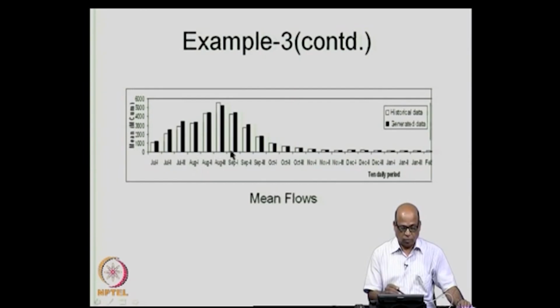Similarly, August 1, August 2, August 3 are the 3 10-day time periods in the month of August and so on. Like this we compare. This figure extends, but because of lack of space I have shown it here up to the February 1st 10-day time period. So, we compare the mean flows, which is fairly acceptable in this case.